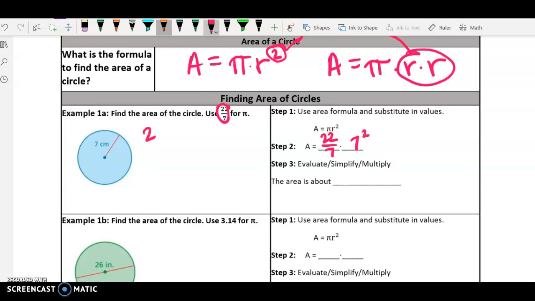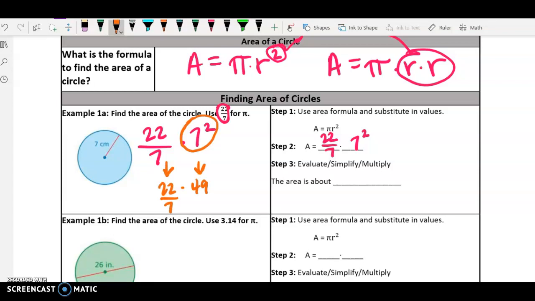Now I'm going to rewrite that over here. Now we have to use PEMDAS, so we need to do our exponents first. We're going to multiply 7 times 7. So 7 times 7 is 49 times 22/7.